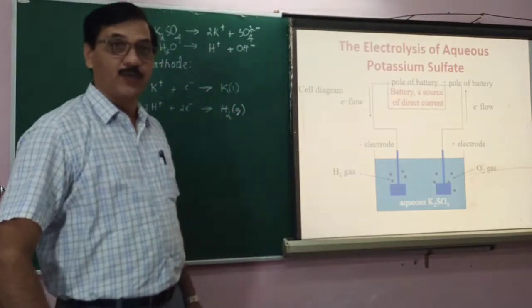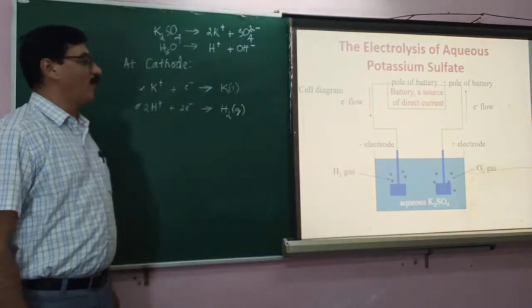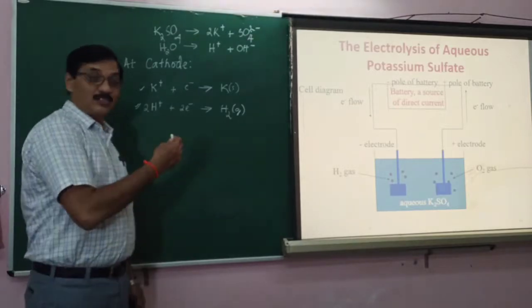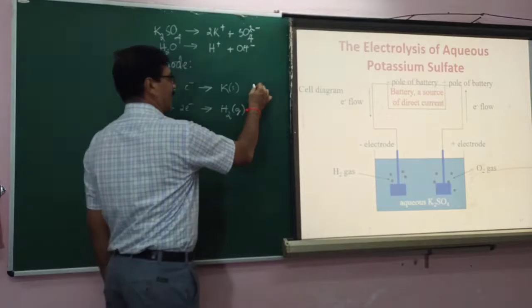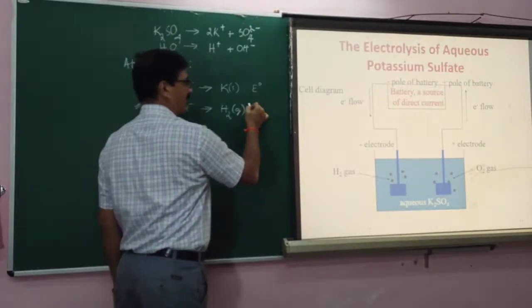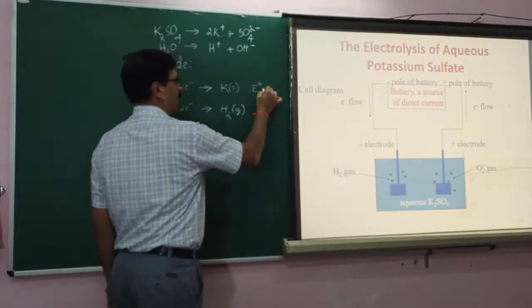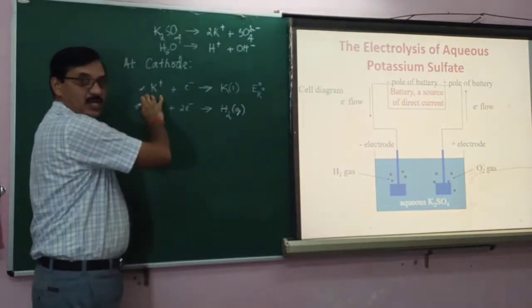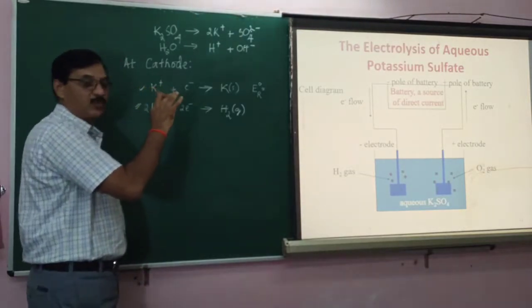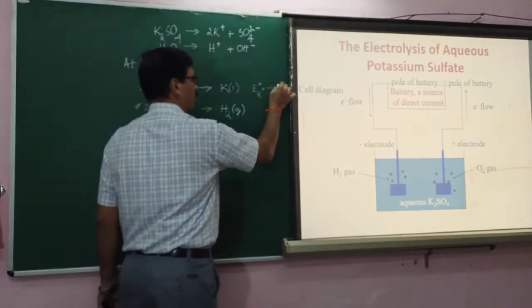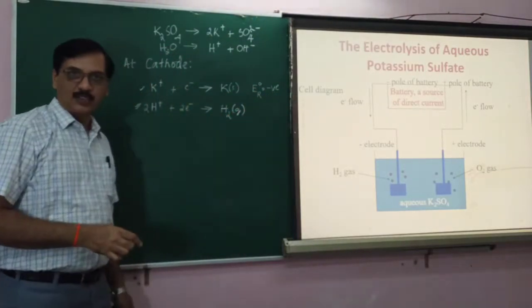Now look into the electrode potential values, which will justify why hydrogen gas is formed. If you see the reduction potential of the potassium ion, since potassium is a very reactive metal, it has a negative sign on the electrode potential value.